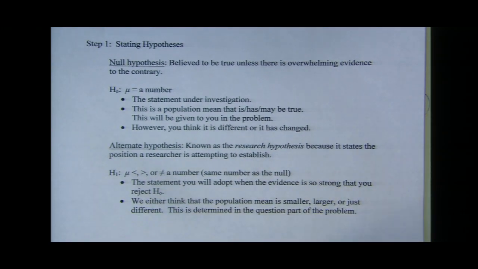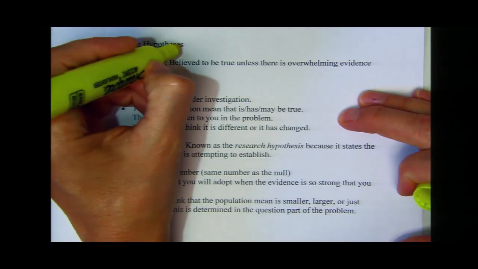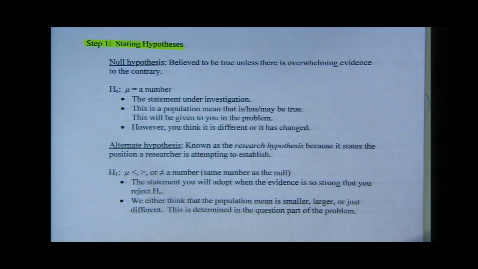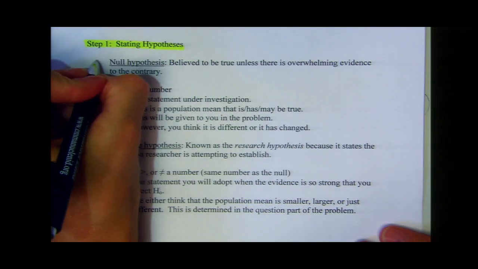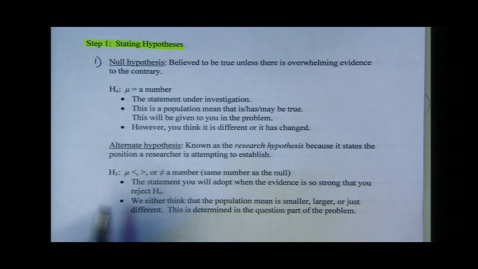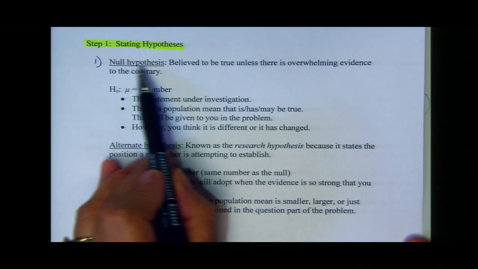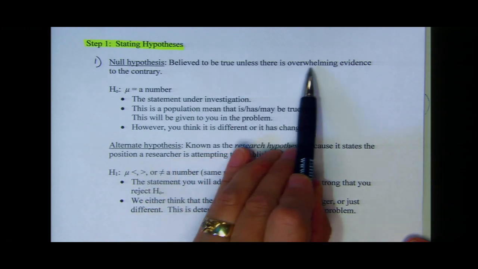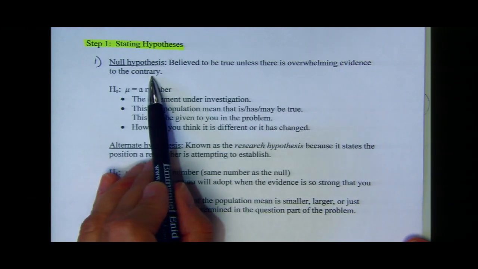So here is step 1, which is stating the hypotheses. Now, there are 2 hypotheses. The first hypothesis is what is called the null hypothesis, believed to be true unless there is overwhelming evidence to the contrary.